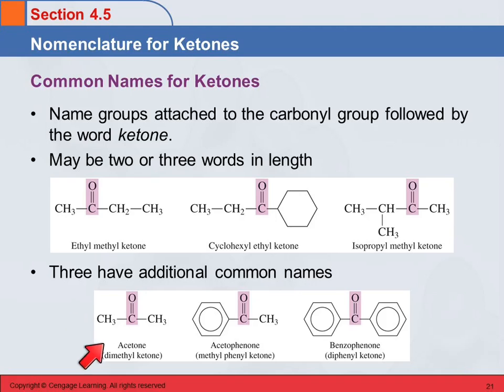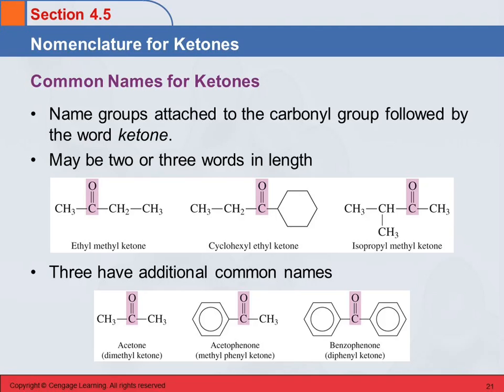So acetone, and this is acetophenone, which would be methyl phenyl ketone. So this is like acetone with a phenyl group on it. There, my pointer got stuck. And this is benzophenone, or diphenyl ketone. You should know what acetone is. These other two, I won't test you on those, but know what acetone is. It's just so common. It's the same as dimethyl ketone.